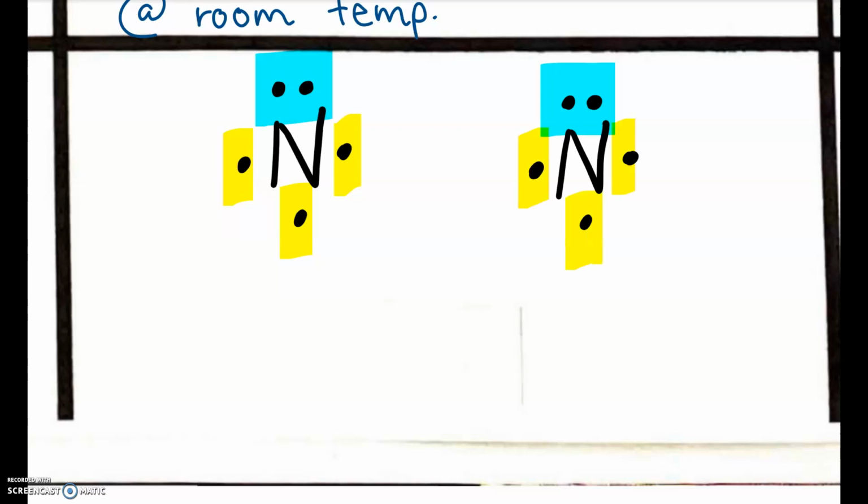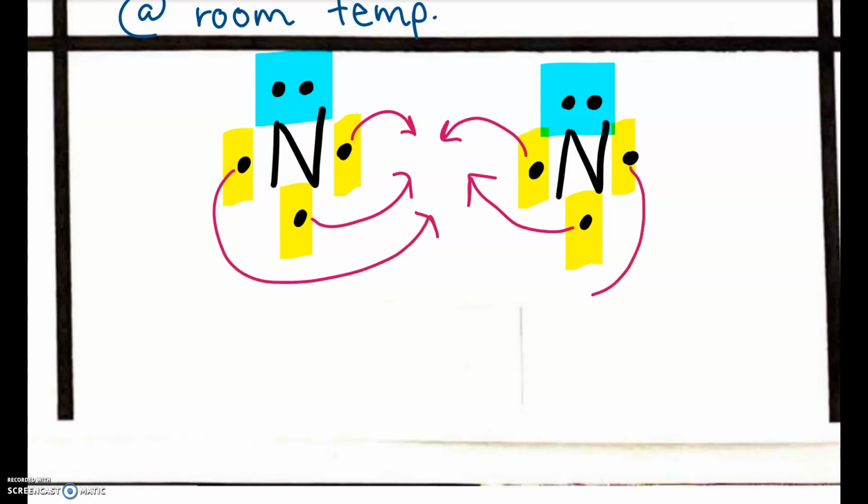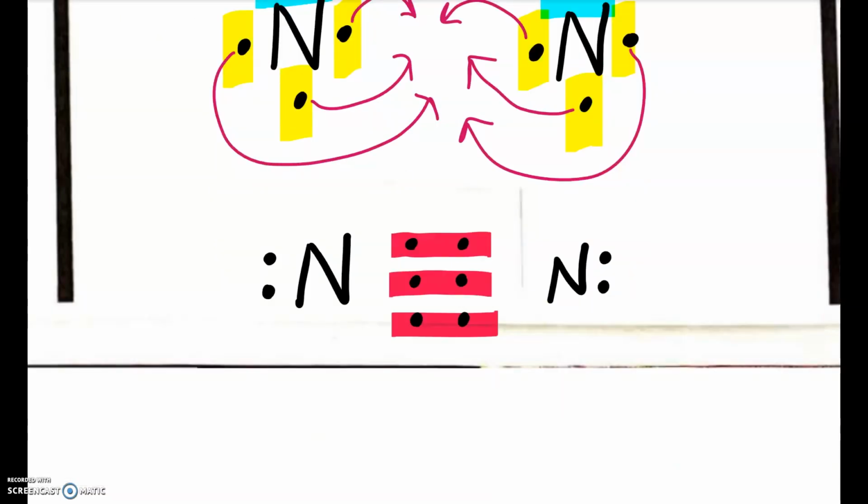It's actually these three electrons that are going to be shared among these two nitrogen atoms. All three of these lone electrons are going to be shared between these nitrogen atoms.